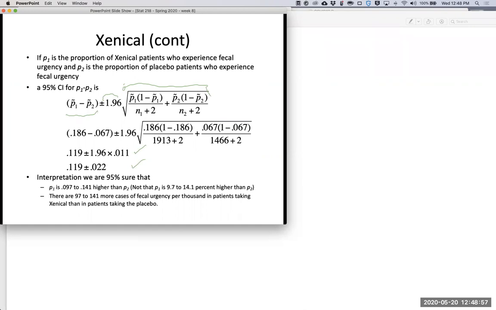Common mistakes would be forgetting to take a square root, or perhaps taking a square root of each of the separate sections and then adding them before multiplying by 1.96. Again, not quite right.